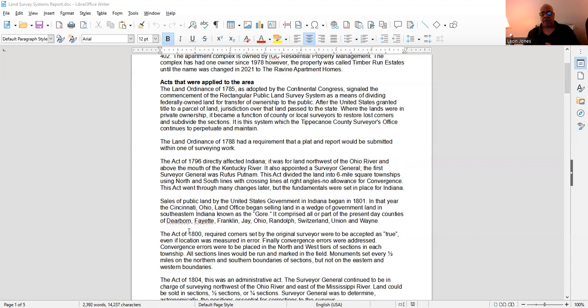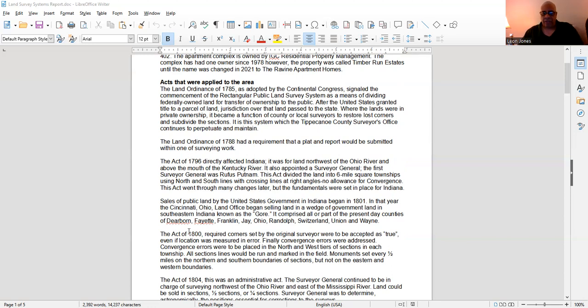And again, sales of public land by the United States government in Indiana began in 1801. And that year, Cincinnati, Ohio, Land Office began selling land in a wedge of government land in southeastern Indiana known as the Gore.